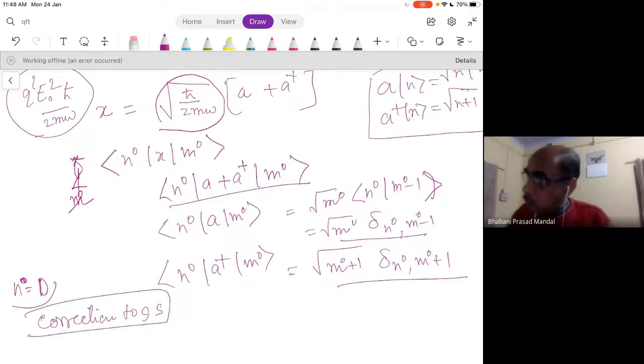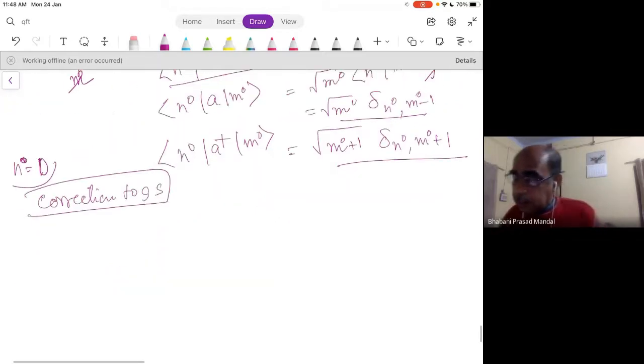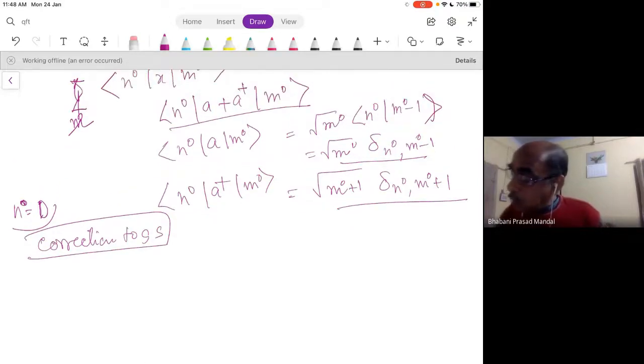For arbitrary n and m, this will be the answer, but you have to sum over m. So the correction to the ground state: I want the ground state, which means n equal to 0.